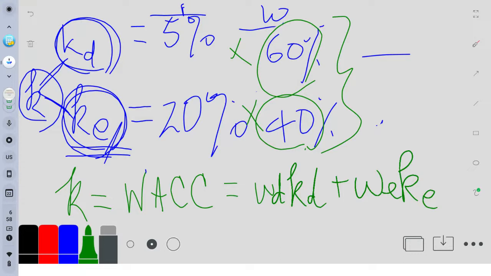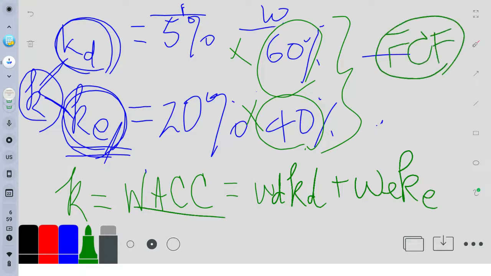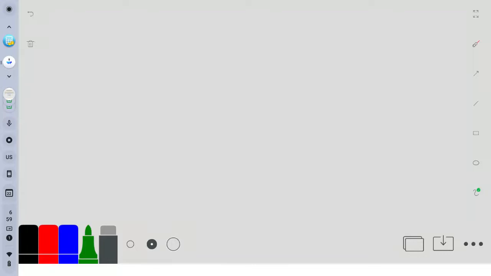So you need to understand why weighted average cost of capital is important, because that is needed in the free cash flow model. In the free cash flow model, and I've used this example over and over, if you have an apple tree, right?